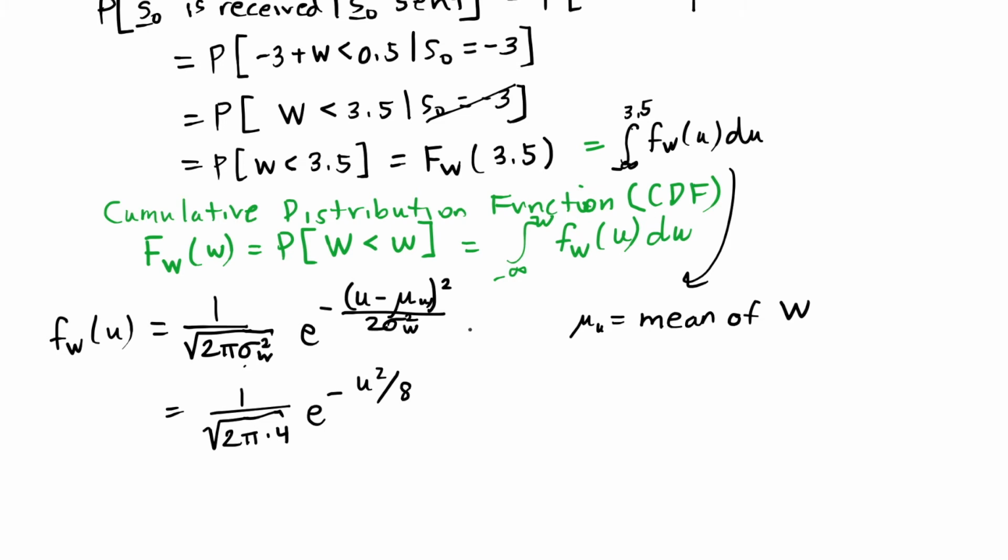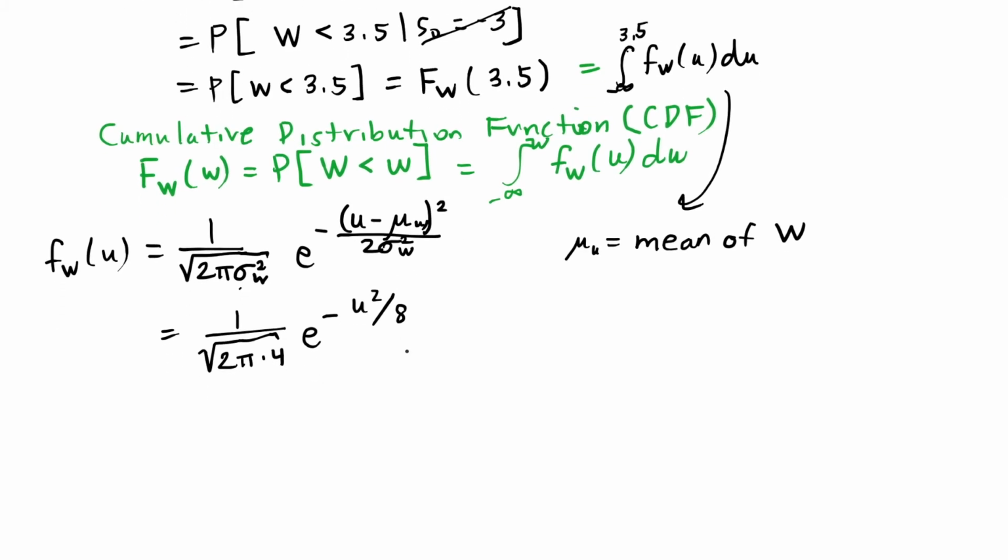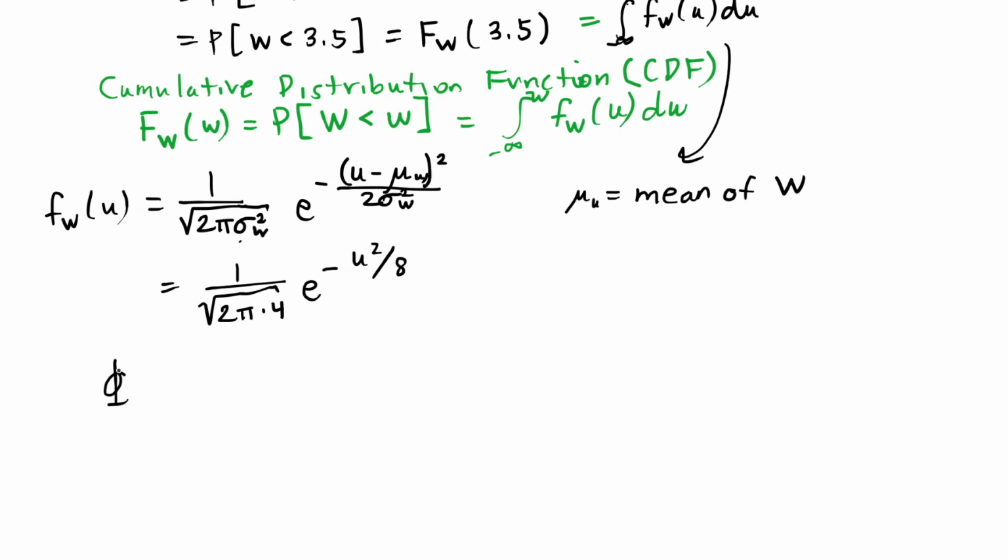The only problem is that we don't have an analytical function that allows us to integrate this exponential of minus u squared. So what we do instead is we try to use the CDF of a standard normal. We call that phi of x. We define it as the integral from minus infinity to x of 1 over the square root of 2 pi times 1 times e to the minus u squared divided by 2.